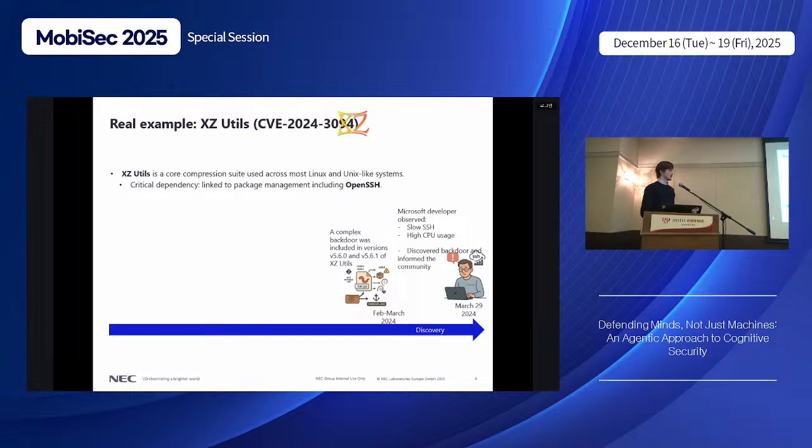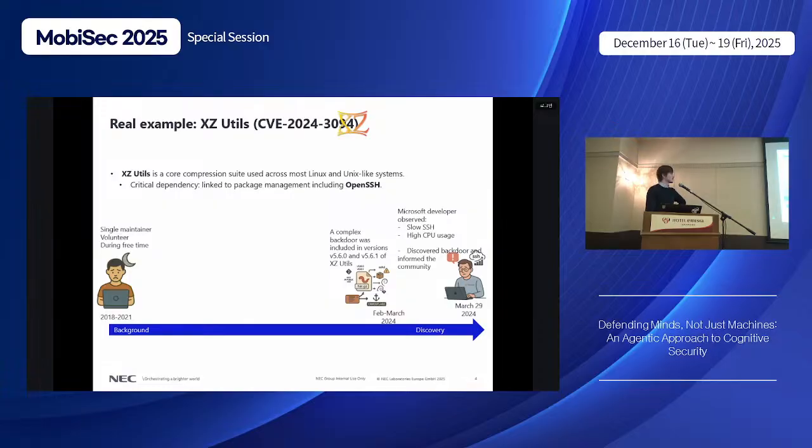So what happened here? When they started to analyze the project, they realized that it was maintained by one single person who started in 2018. This is a project that is being used, as I said, in most Unix and Linux systems.